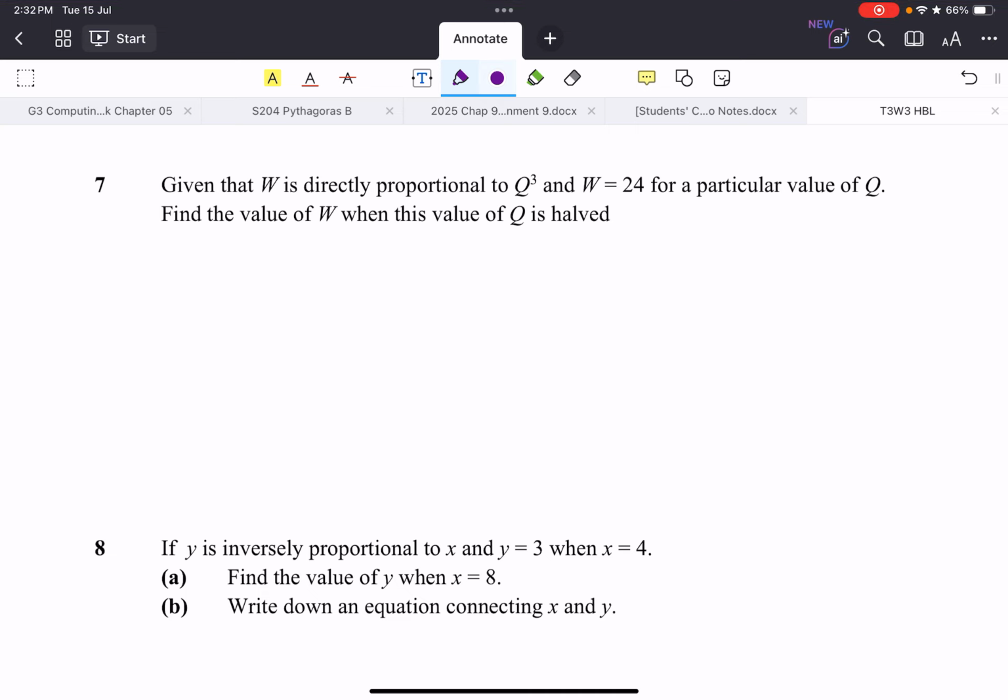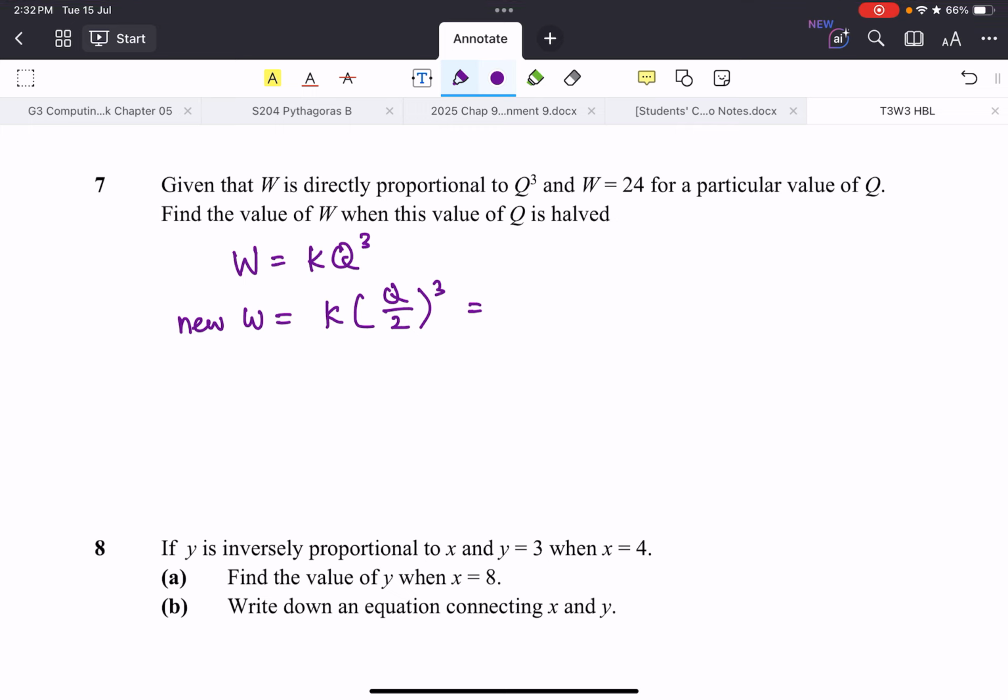Okay. Question 7, given that w is directly proportional to q cubed and w is 24 for particular value of q, find the value of w when this value is half, right? So w equals to, well, we just use a constant k, q cubed. This is fine, right? Now, what happened when the new value of q is actually half of q? So the new value of w is k q over 2 q, right?